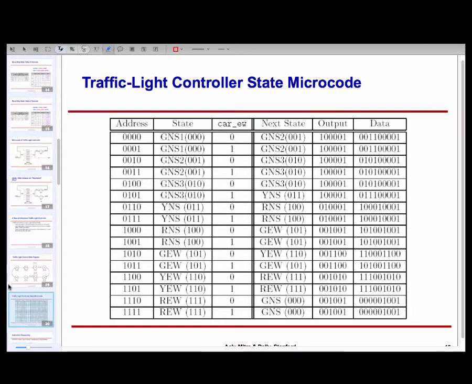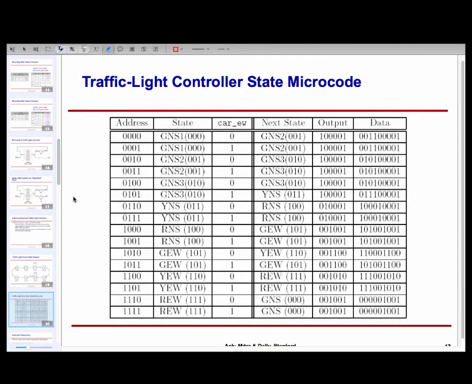Any questions, doubts on what we have done thus far? Do you see any problems with this approach of ROM? What kind of issues do you think this design approach has, what were our disadvantages?